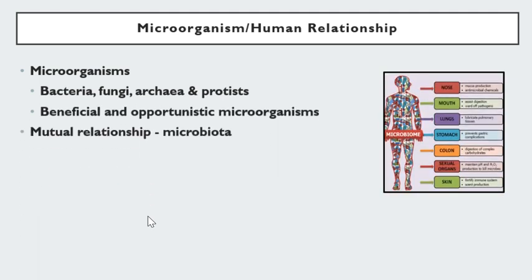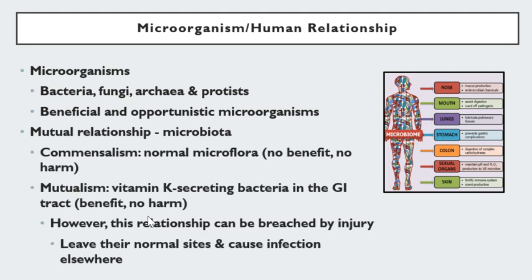So with microorganisms, you've got bacteria, fungi, archaea, and protists. Those are your major classes of microorganisms, and they can be beneficial or opportunistic, and they exist in a mutual relationship as well. So there's a whole bunch of microbiota on your skin, in your gut, and all over your body in certain areas, like on your eye, in your mouth, all over the place, where some of them are bad, but some of them absolutely don't do anything, and some of them are good, right?